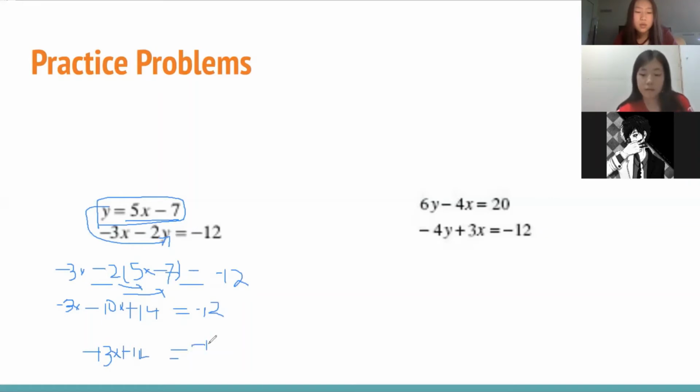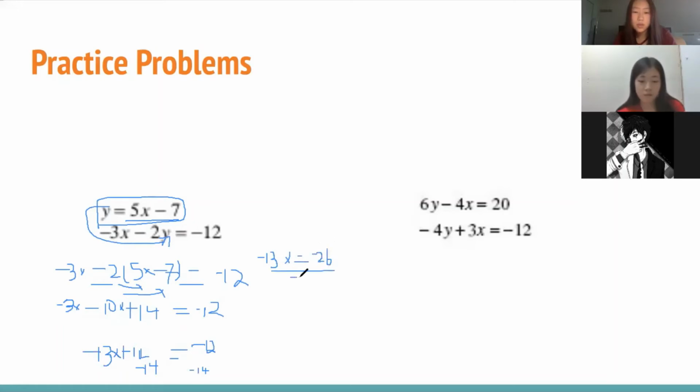So you would isolate the negative 13x, so you would subtract 14 on both sides, which becomes negative 13x equals negative 26.